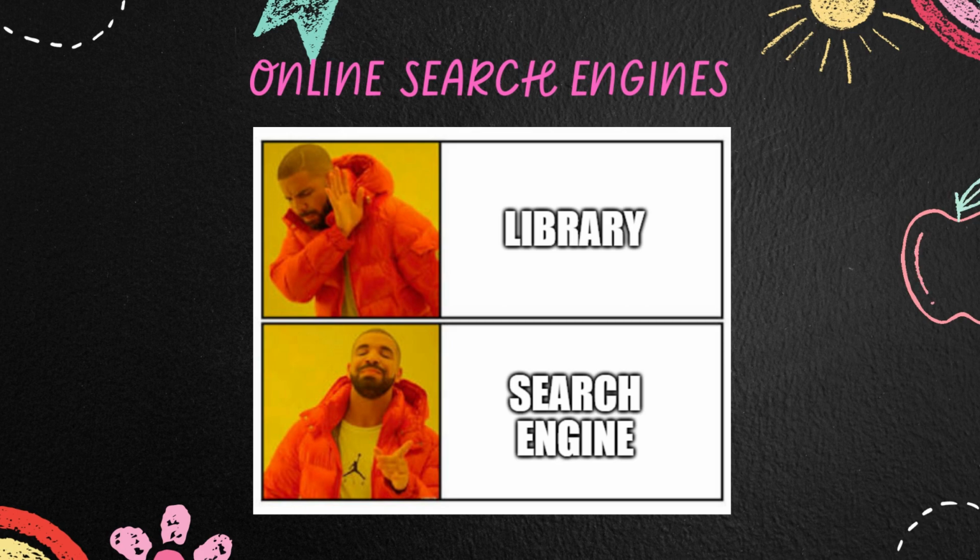Technology has deeply changed the way we perceive library work and research, from using electronic resources like the online public access catalog, or OPAC, to accessing a wide array of online libraries from all over the world through the mechanism of online search engines.